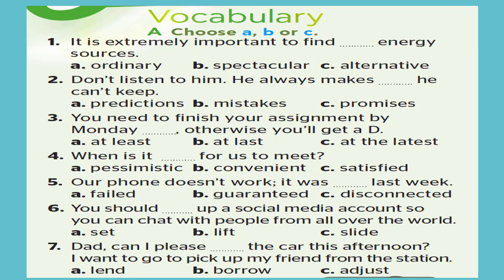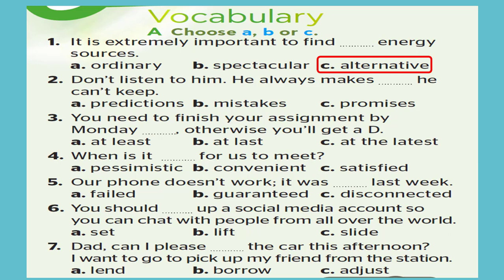Now let's start with exercise A. Choose A, B, or C. Number 1. It's extremely important to find alternative energy: energy, ordinary, spectacular, alternative. The answer is alternative energy, like wind power, solar power, and so on.